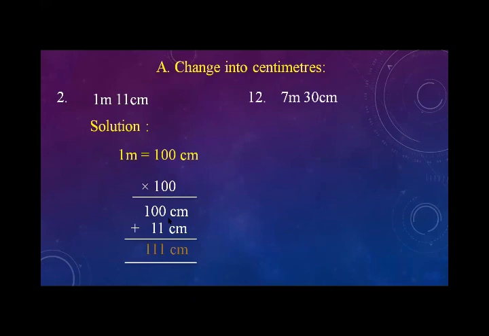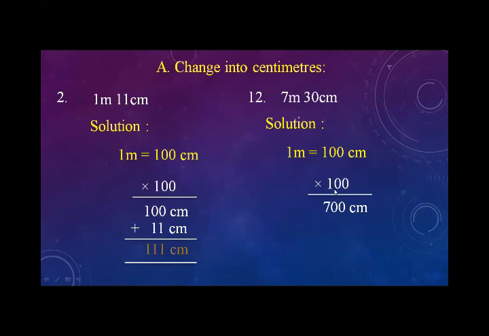Here another question, question number 12, is solved for you. Again, 1 meter is equal to 100 centimeters, multiply by 100, dash. 100 sevens are 700. If 1 meter is equal to 100 centimeters, then 7 meters is equal to 700 centimeters.